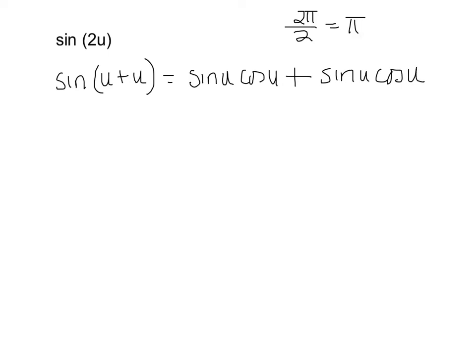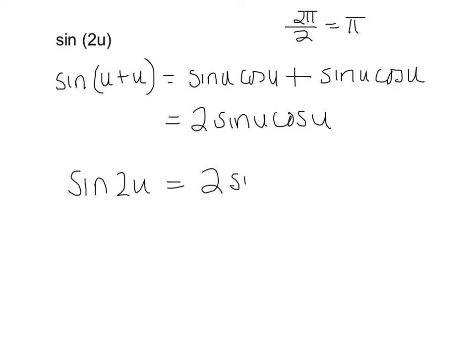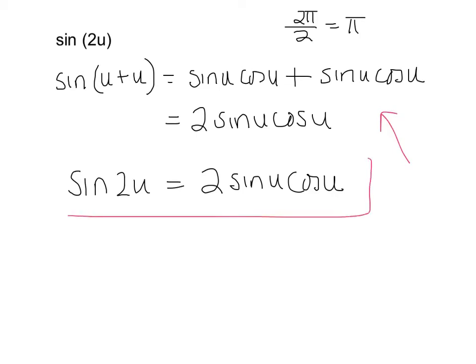Well, if you'll notice, we have a sine u, cosine u plus sine u, cosine u. That's just 2 sine u, cosine u. So the sine of a double angle, 2u, is going to be equal to 2 sine u, cosine u. So this part up here is the derivation, and then this is the actual identity. This is the part you need to have written down.